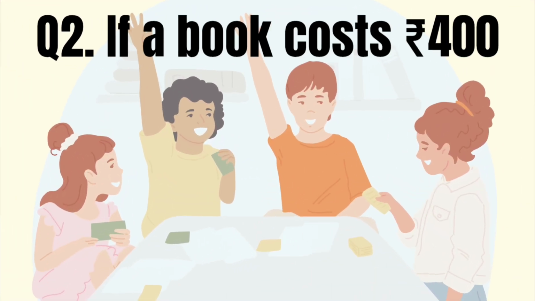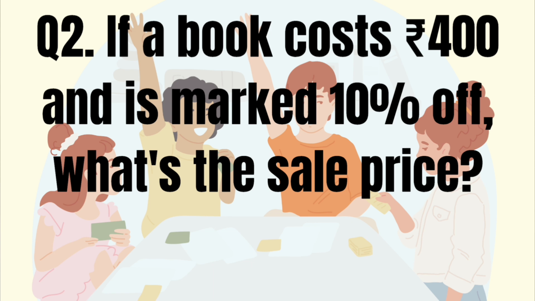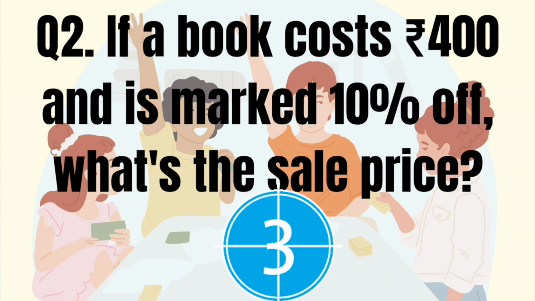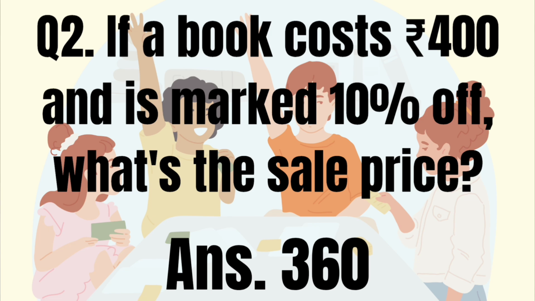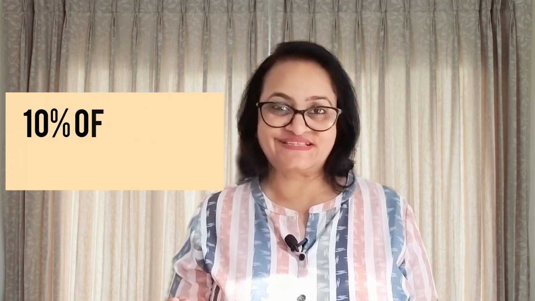To find 25%, we will divide 360 by 4 and the answer is 90. Next question. If a book costs 400 rupees and is marked 10% off, what is the sale price? Answer is 360 rupees. 10% of 400 is 40. 400 minus 40 is 360.